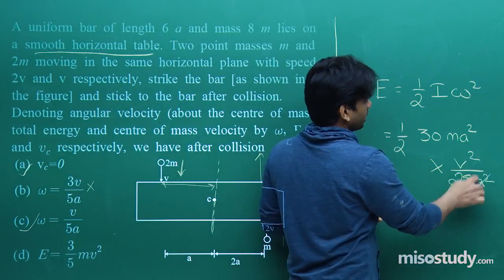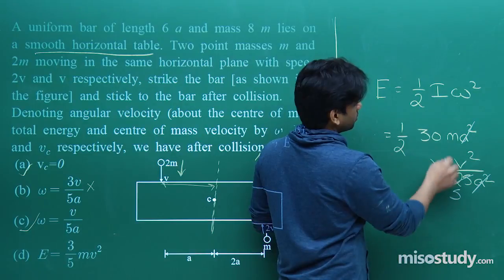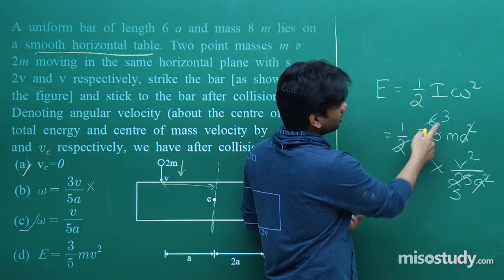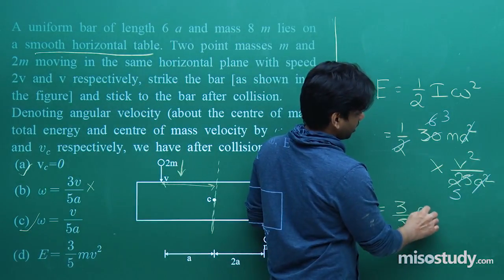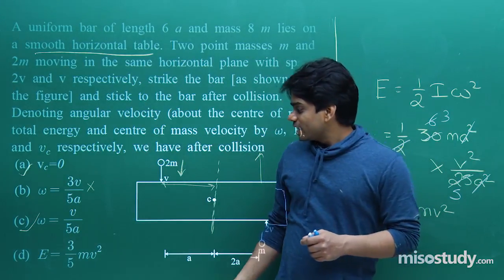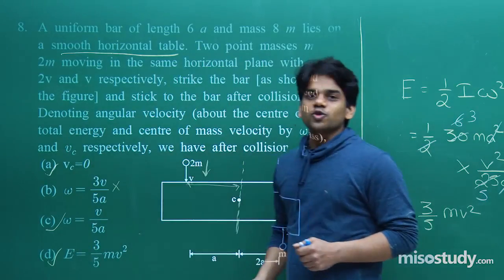A square will get cancelled out. This will go 5 times, this will go 6 times, this will go 3 times. So we will be having 3 by 5 mv square. Let's check, yes, energy is 3 by 5 mv square. Option number D is also correct.